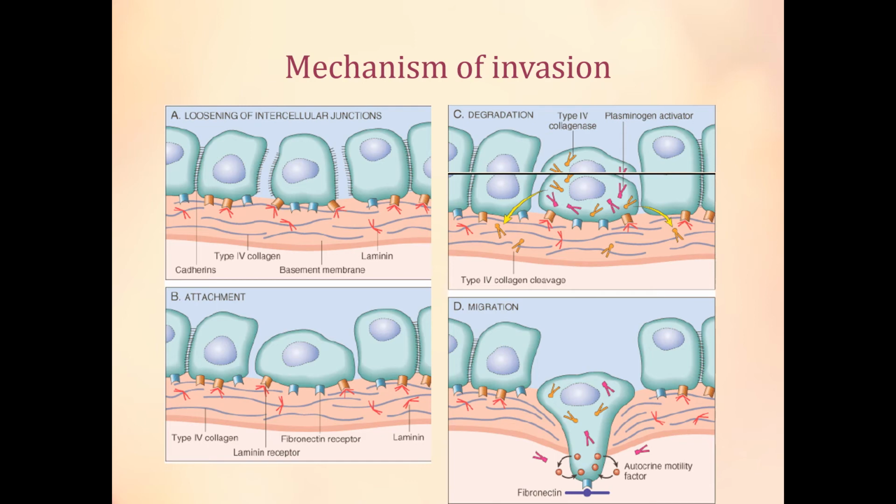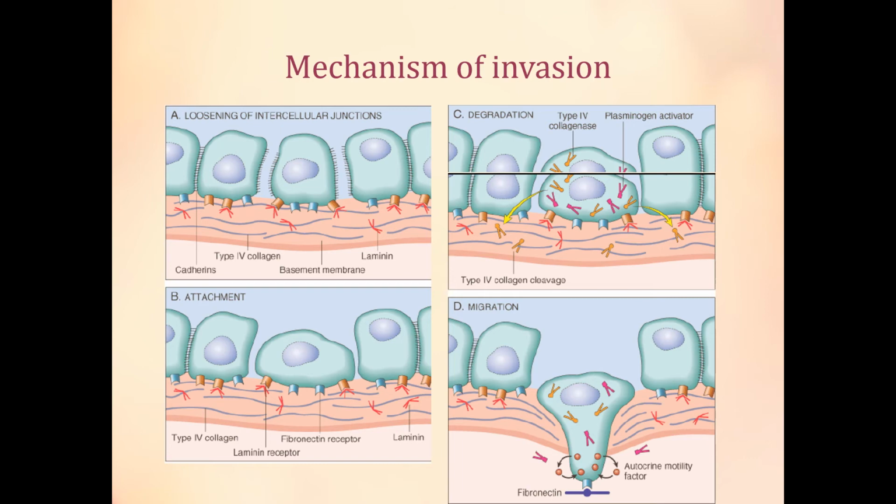The first stage is separation of tumor cells from each other. Then the next is degradation, splitting of the extracellular matrix. The third stage is connection of tumor cells with degraded components of the extracellular matrix, and then migration of the tumor cell to other spaces.